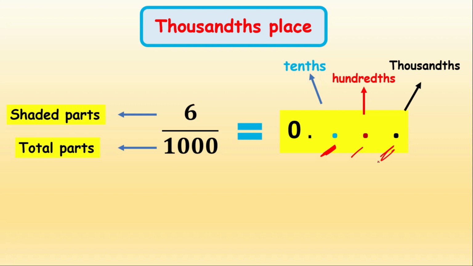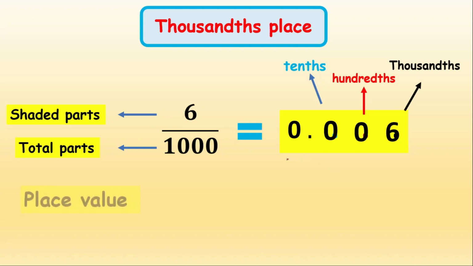Got it? And now, in which place value can you write 6? 6 over 1000 you have to write in the thousandths place. Got it? And the first digit and the second digit we must write as 0 and 0 because we don't have any other digits. There is only one digit, and we write it in its place, the thousandths place. Is there any other digit after it? No hundredths, no tenths.